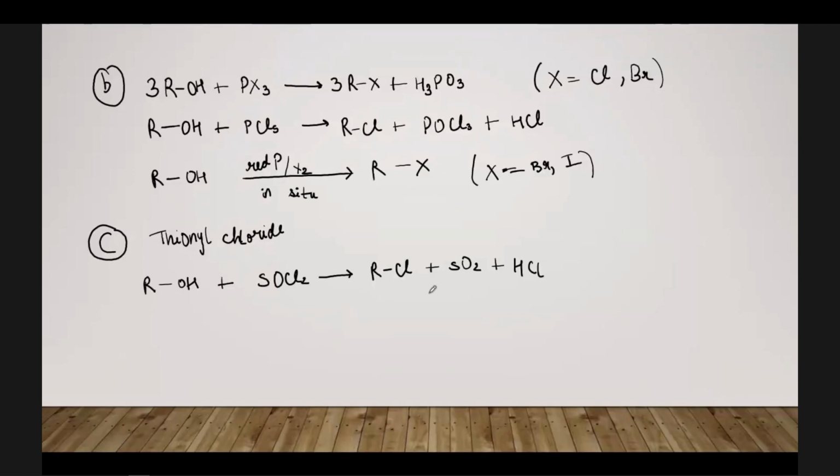Now coming to the second method of preparation. So far we have discussed only the first method, that is from the alcohols, through which we had three ways, A, B and C. Now we are going on to the second method of preparation of alkyl halides, from alkenes.